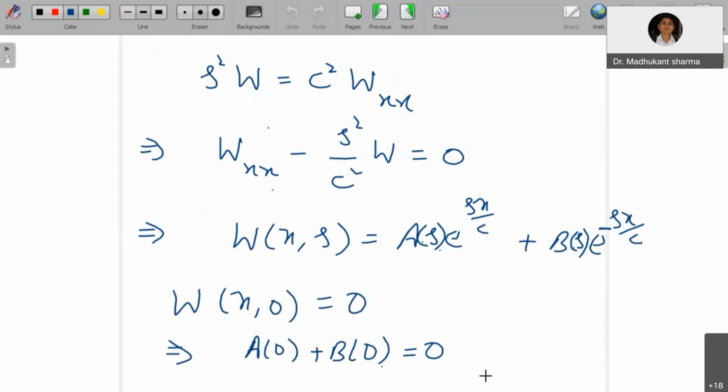Now we are missing one thing here. We have used these conditions, W of x comma 0 is 0.